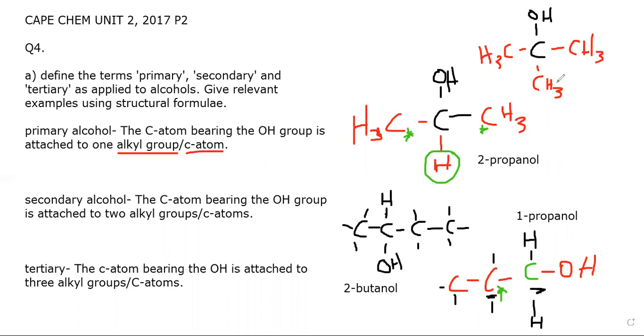So it is in contact with 3 of them, so it's a tertiary alcohol. And the name of this one is 2-methyl-2-propanol. Right? So this is tertiary, these two are secondary, and this one is primary.